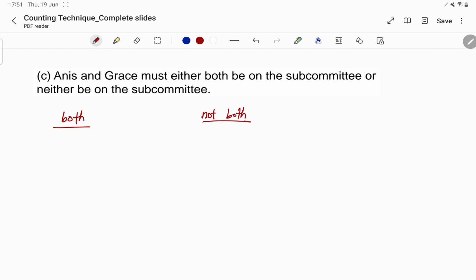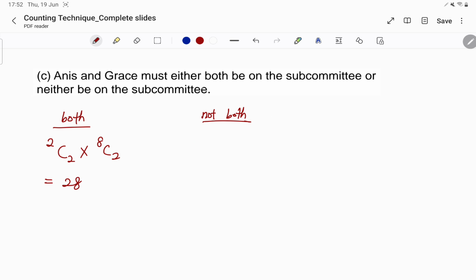For Anis and Grace, we have 2 people. If we choose both of them, then it is 2C2. Then for the remaining, we multiply with 8C2. Why? Because we chose 2 already, Anis and Grace. Now the remaining is 8, and from this 8 we want to choose 2. So the answer here is equal to 28.